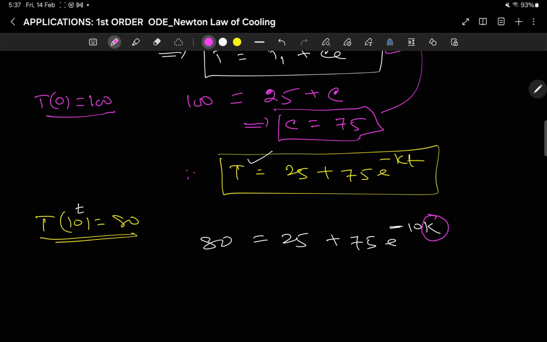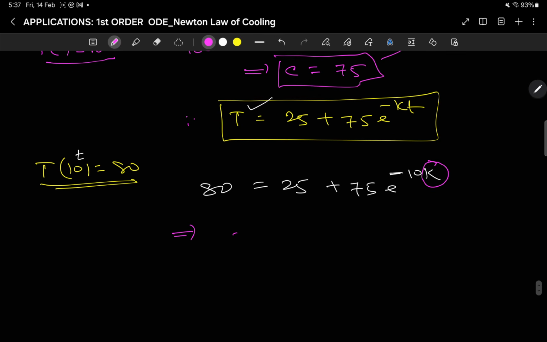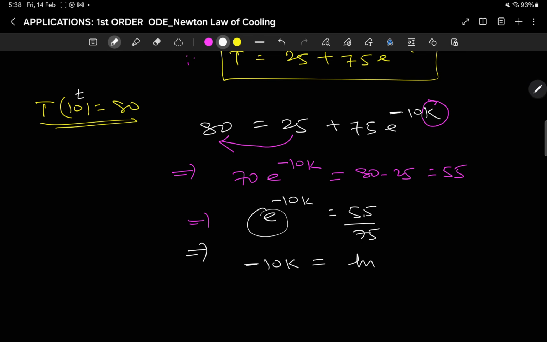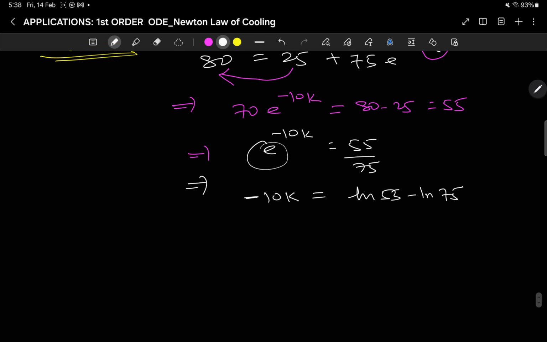If you simplify it, 75 e to the power minus 10k is 80 minus 25, which is 55. So e to the power minus 10k is 55 by 75. So removing the exponential, minus 10k is ln 55 minus ln 75.